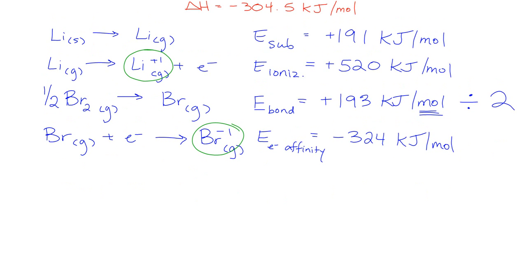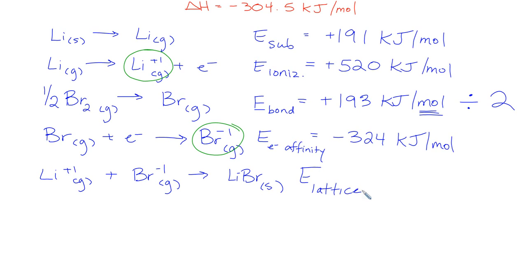We would have the lithium plus 1 ion, gas phase, plus the bromine negative 1 ion in the gas phase, forming the solid lithium bromide. That's lattice energy, which we don't know in this case, but we do know the overall delta H.